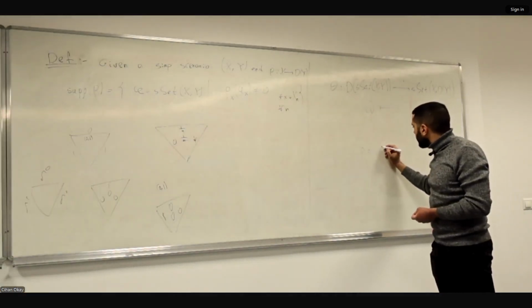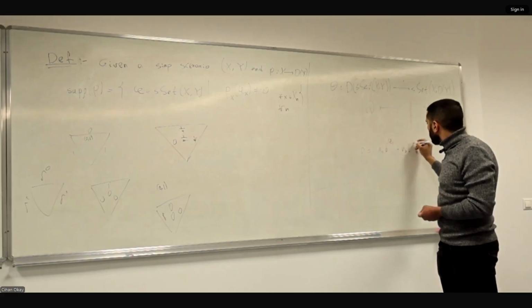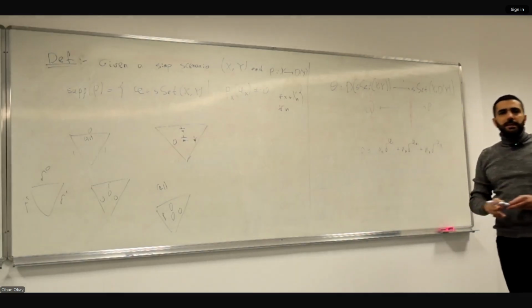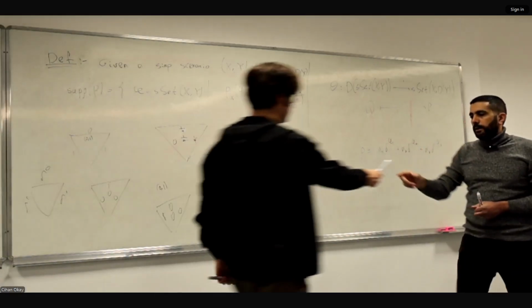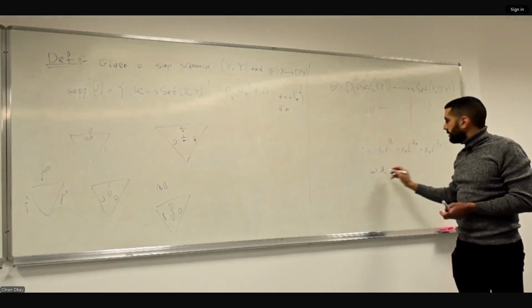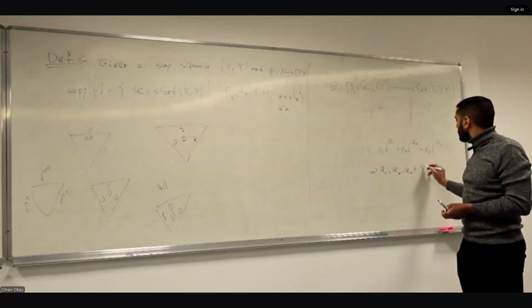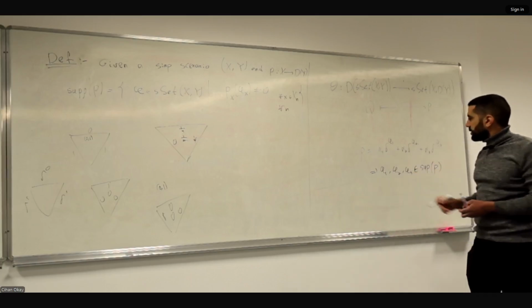We can write it as alpha 1 of delta phi 1 plus alpha 2 of delta phi 2 plus alpha 3, for example. You can prove that in this case these three phis are in the support of P.